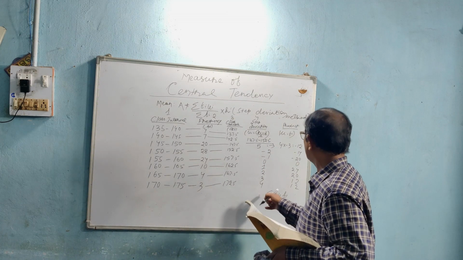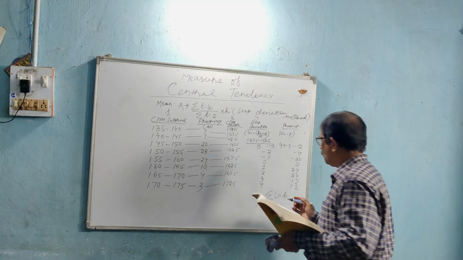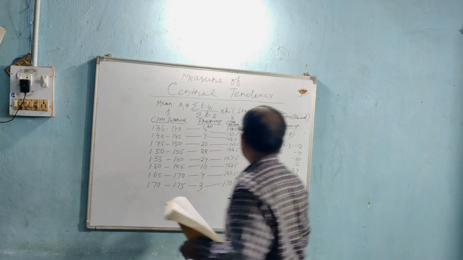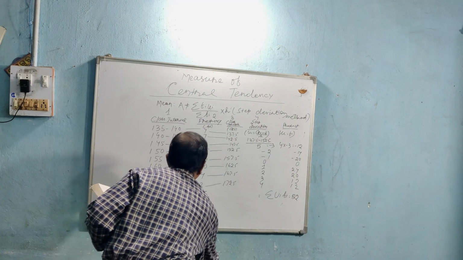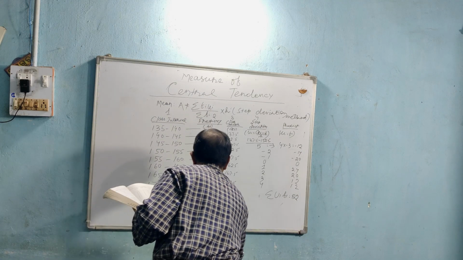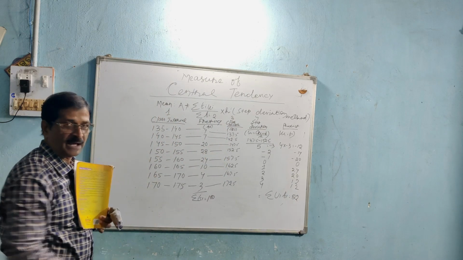Students, you should never confuse what this sign is. This is nothing but a sum of. And finally we are getting 22. And your sigma f1 is coming 100. Then go for putting the formula.